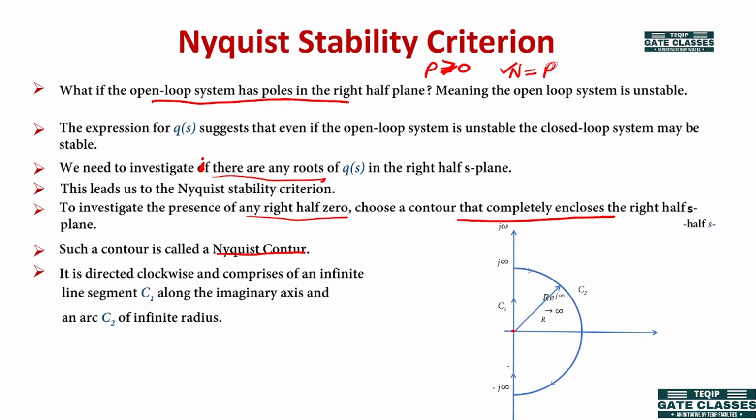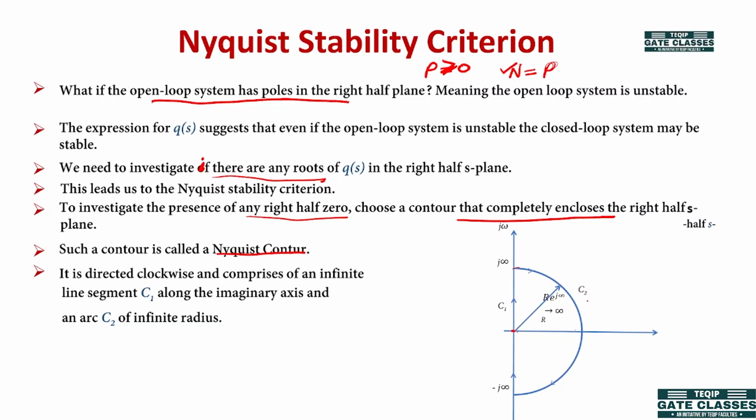So we have the entire imaginary axis and the entire right half of the S plane, because we are not interested in the left half, we are only interested in the right half of the S plane. So this Nyquist contour only consists of the entire right half of the S plane.